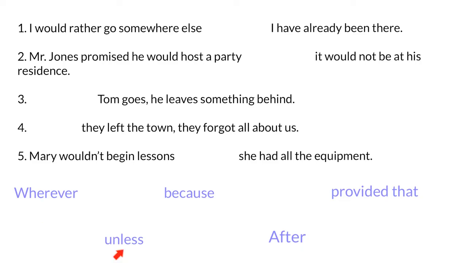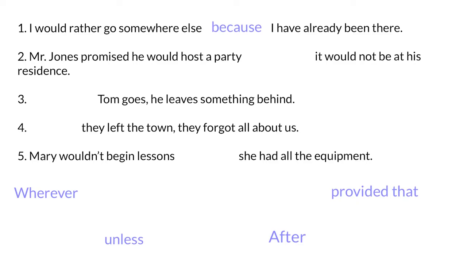Wherever, unless, because, after, provided that. I would rather go somewhere else because I have already been there.